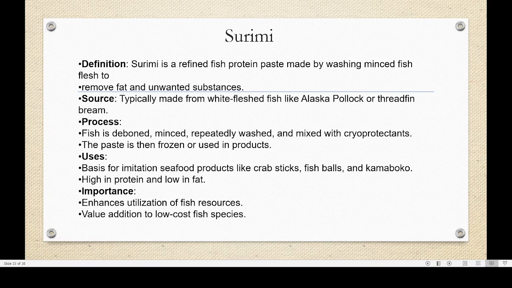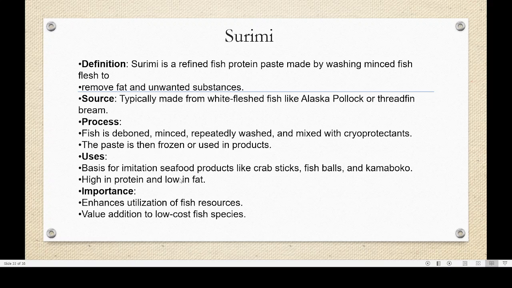At that temperature, sometimes some kind of damages may occur to the flesh or meat as well as to the inside, and there are certain biochemical products. If you add these products like glycol or something, that will protect the enzyme, so there will not be any damage to the meat or flesh during this cooling process. So that is the purpose of cryoprotectant, and the paste is then frozen and used as a product.